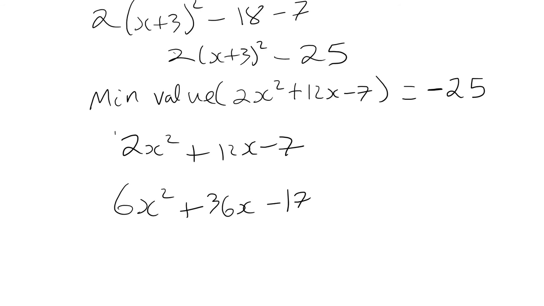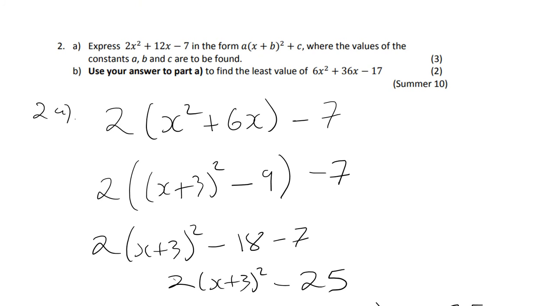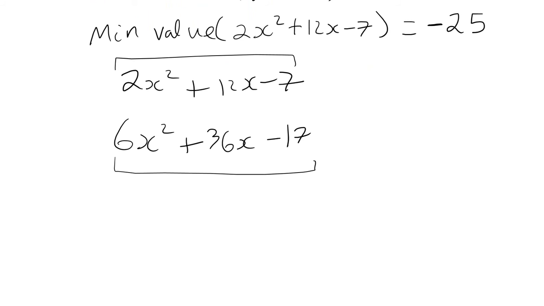We need to see how these two expressions are similar. The second expression, 6x squared plus 36x take away 17, is the same as 3 lots of 2x squared plus 12x take away 7.